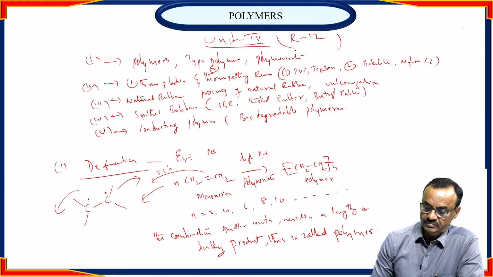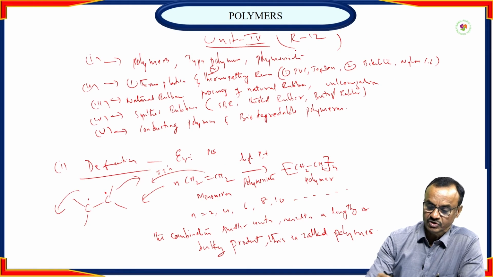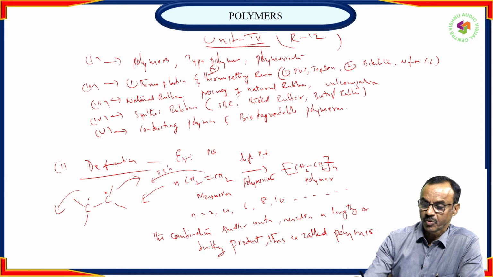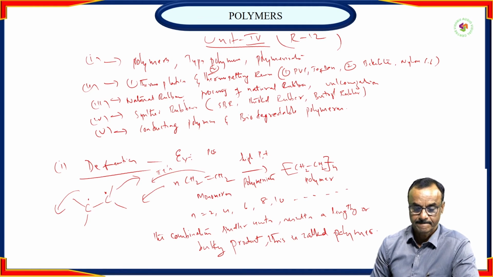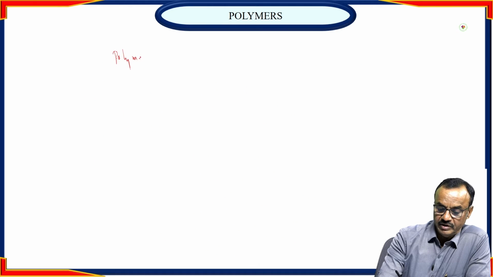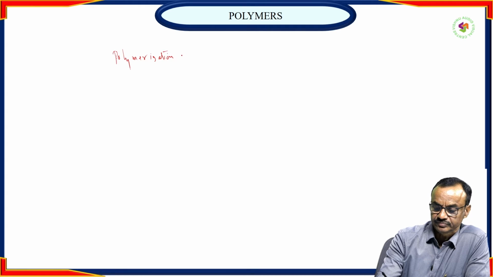Next, classification. In this topic, one last subtopic is left: polymerization and mechanism of polymerization. In the syllabus, you have only two. One, condensation polymerization.